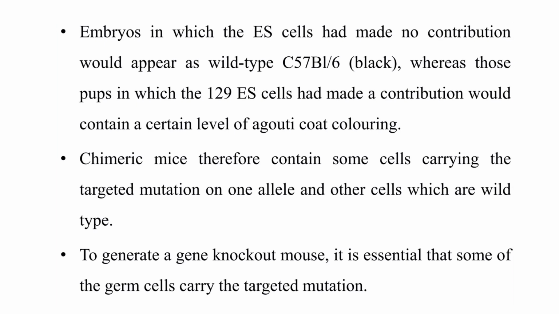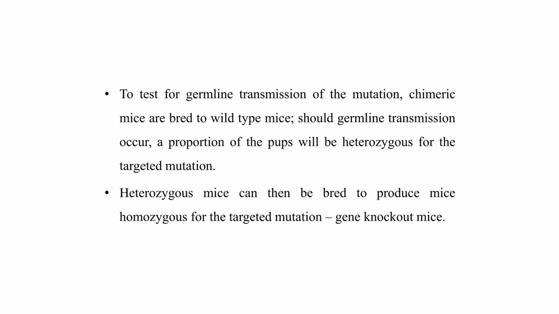To generate a gene knockout mouse, it is essential that some of the germ cells carry the targeted mutation. To test for germline transmission of the mutation, chimeric mice are bred with wild type mice, and if germline transmission occurs, a proportion of pups will be heterozygous for the targeted mutation. Heterozygous mice can then be bred to produce mice homozygous for the targeted mutation, which is the gene knockout mouse.